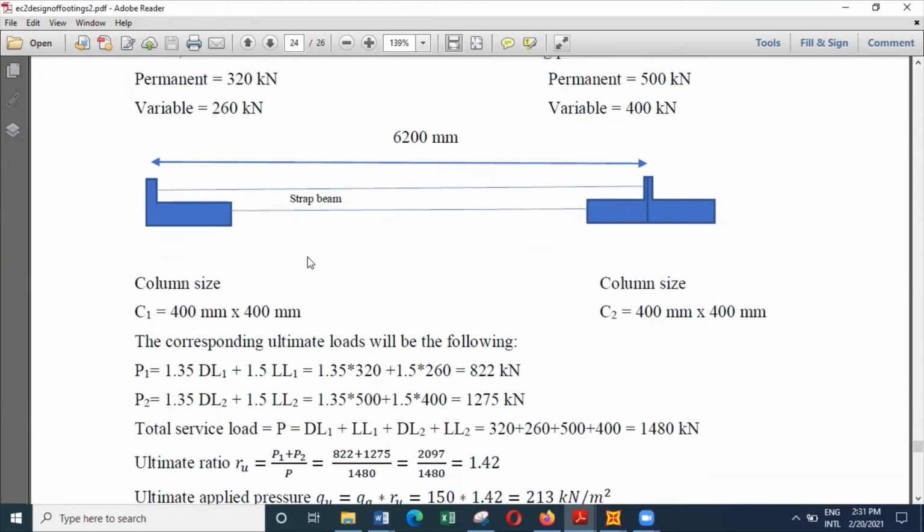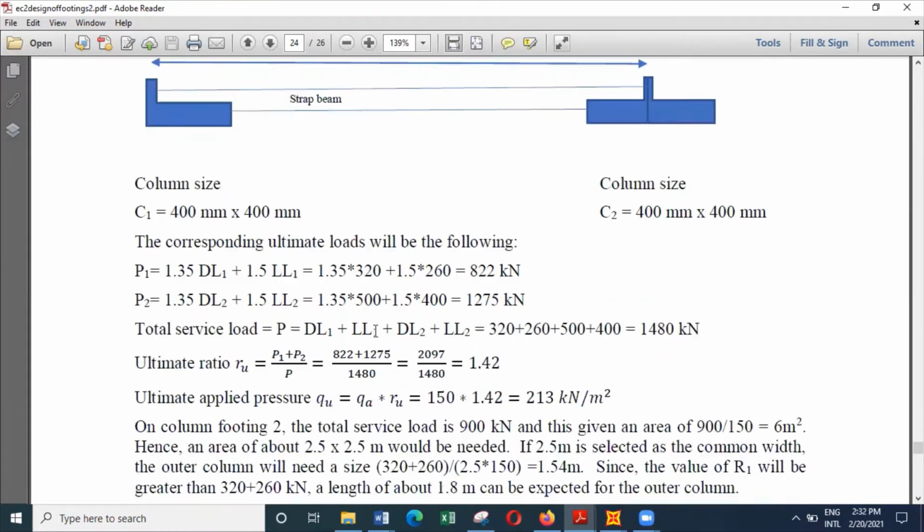So we had to first select some dimensions for the footing, because they are not given. And I have selected a value like 1.8 meters based on some trial calculation, where I took into consideration the loads acting here and the fact that the loads can be higher than the addition of these two under service conditions.